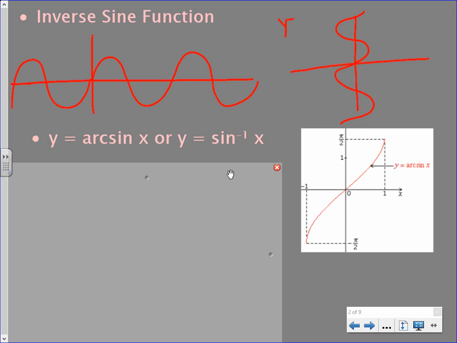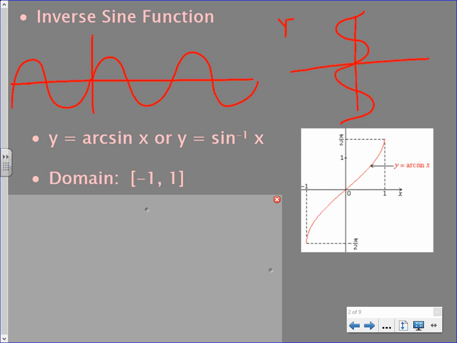What is the range of the sine function? In our parent function, that would be negative 1 to 1. So the domain of the inverse is negative 1 to 1.